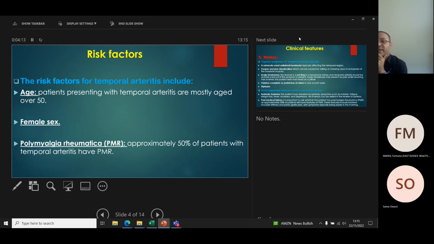Approximately 50% of patients with temporal arthritis have polymyalgia rheumatica. That's why in your history, you have to ask about symptoms and history of polymyalgia rheumatica, PMR, including frozen shoulder, back pain, chest pain, difficulty moving, especially in the morning, and stiffness in the morning.